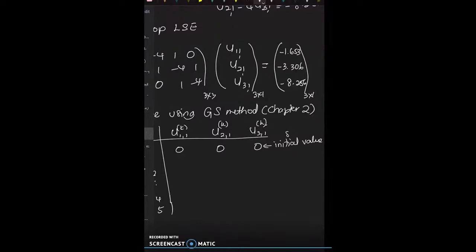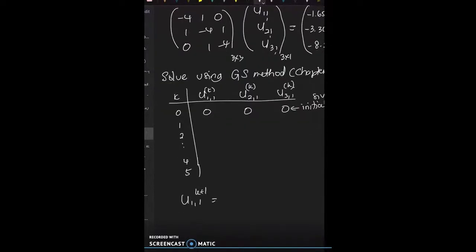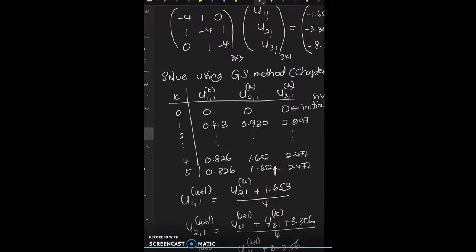If you solve with the Gauss-Seidel method, the iteration will stop when the value of u minus the value of u at the previous time step is less than epsilon for all the points. How many points now? 3 points. If you have this condition, stop the iteration, and then you will get the value of u for a specific point.